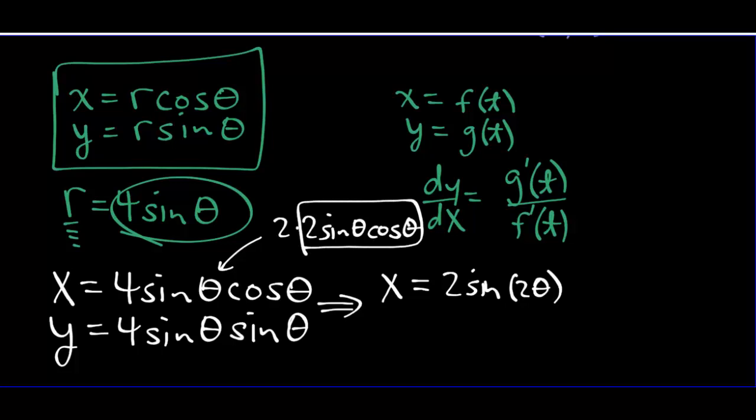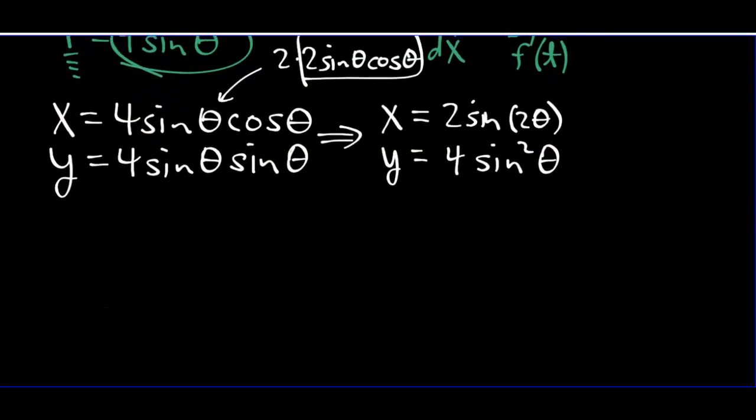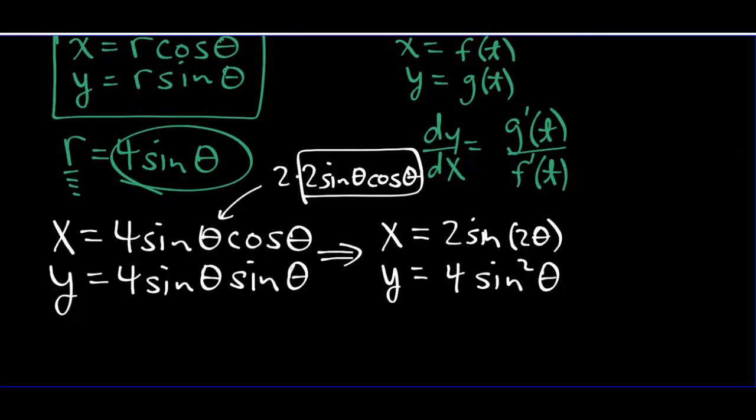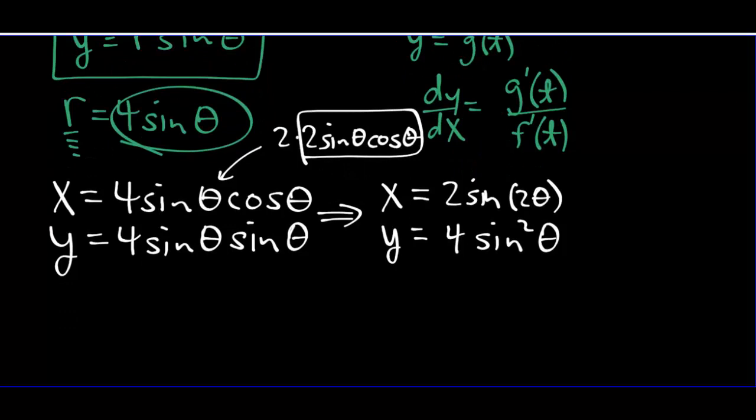Now I can do something similar for y. I recognize that this is just 4 sine squared theta. Once I've established that, I can come back and find dy/dx.